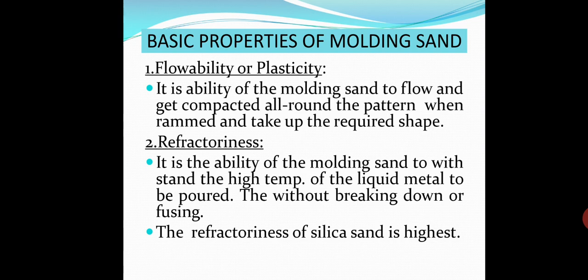Number one is flowability or plasticity. It is the ability of the molding sand to flow and get compacted all round the pattern when rammed. During the process of molding, as we have already discussed, we keep the mold box, then the pattern, then fill the remaining area of the box with the help of molding sand, and we have to ram the sand.